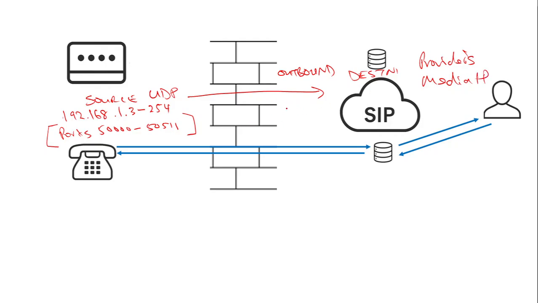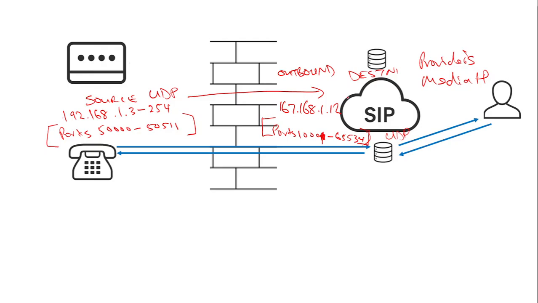In our case, it is 167.168.1.12 and to the destination ports 10,001 up to 65,534. Protocol UDP as the destination.